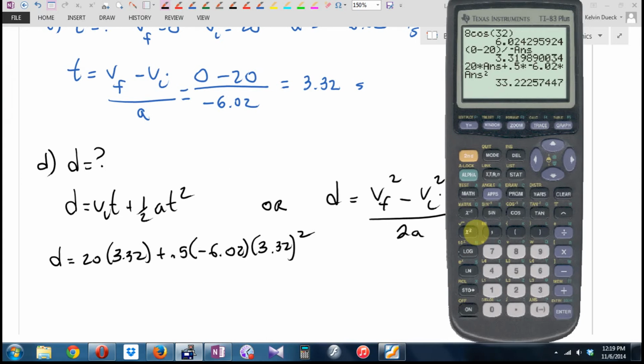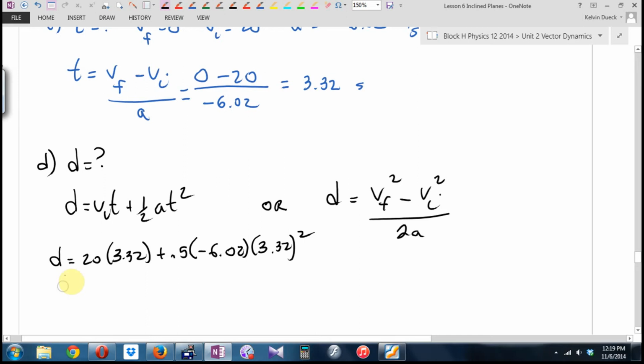You get 33.2. This will slide for a while. 33.2 meters. By the way, what was the force of friction?